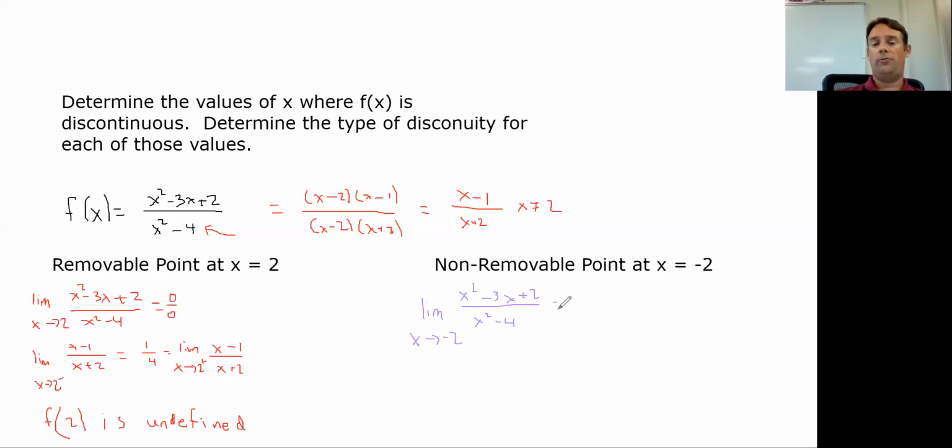Notice I would have got 4 plus 6 plus 2 all over 4 minus 4, which would have been 12 over 0. It wouldn't have been dealing with a value that I can rewrite because it's not indeterminate form. Indeterminate form is a very good chance that there is a removable point of discontinuity. Well, this isn't indeterminate. Therefore, this would have been a non-removable because the limit here of f of x does not exist.